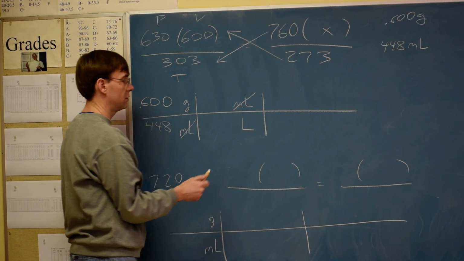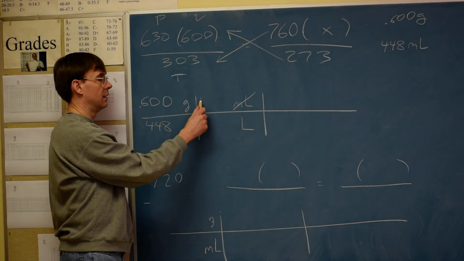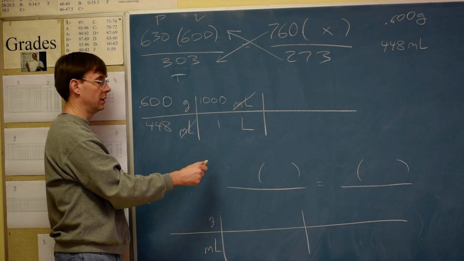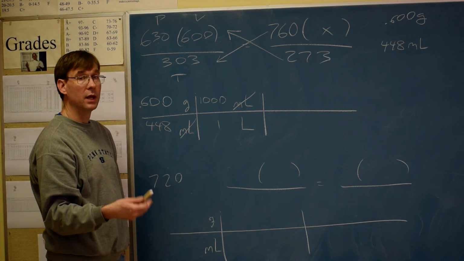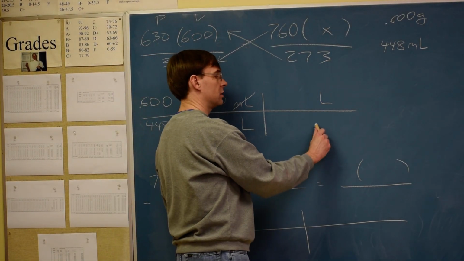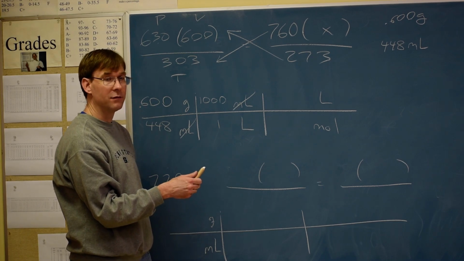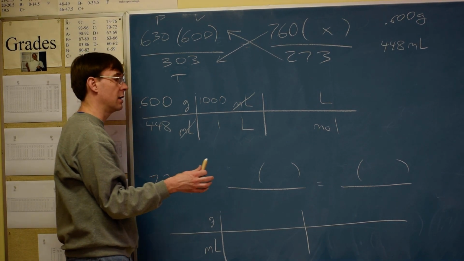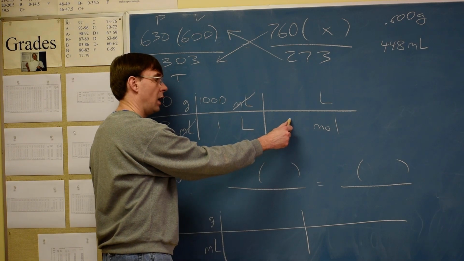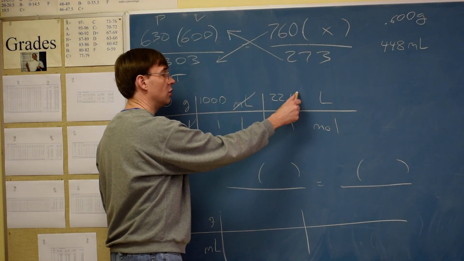Milliliters are easiest changed to liters. There are 1,000 milliliters in a liter. And we can get from liters to moles. Liters to moles is going to be familiar when I say it. If you're a super chemistry genius, you already recall instantly that 1 mole is 22.4 liters.